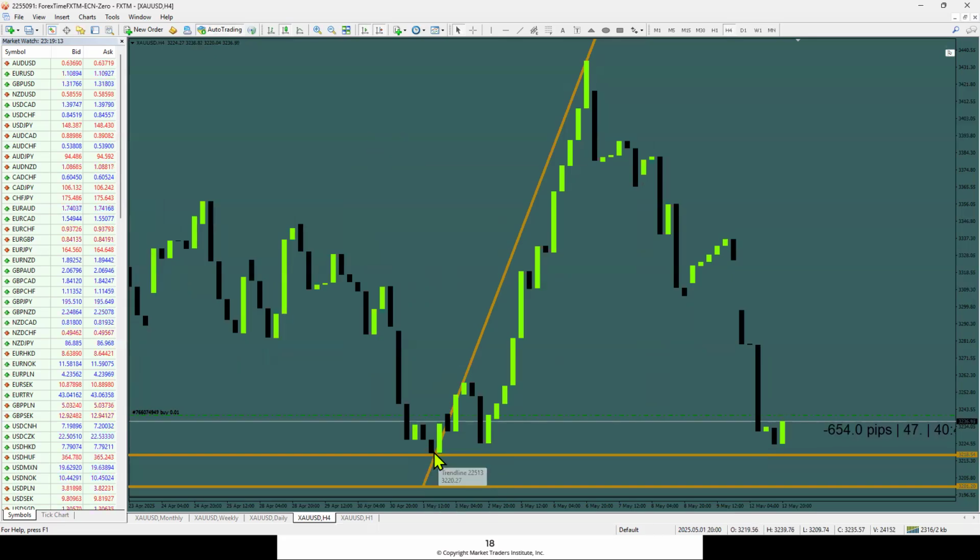This is the lowest candle. Between the body of this lowest candlestick and the lowest point the wick got to is your demand zone.